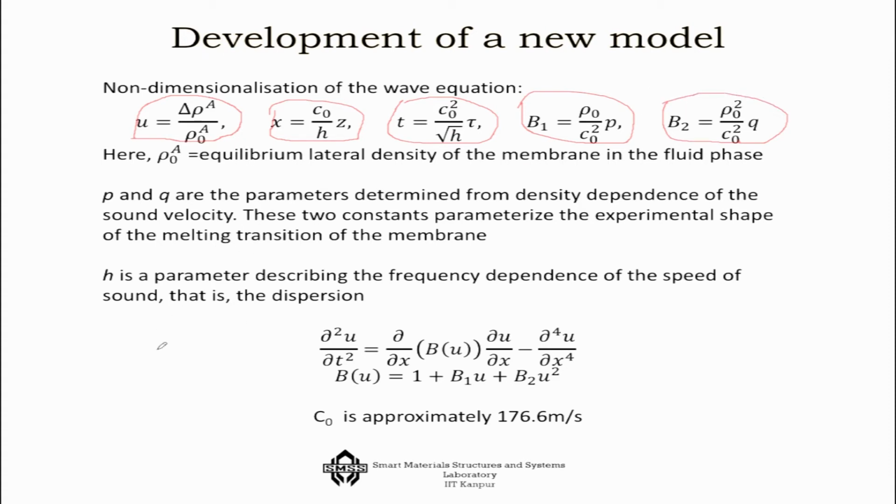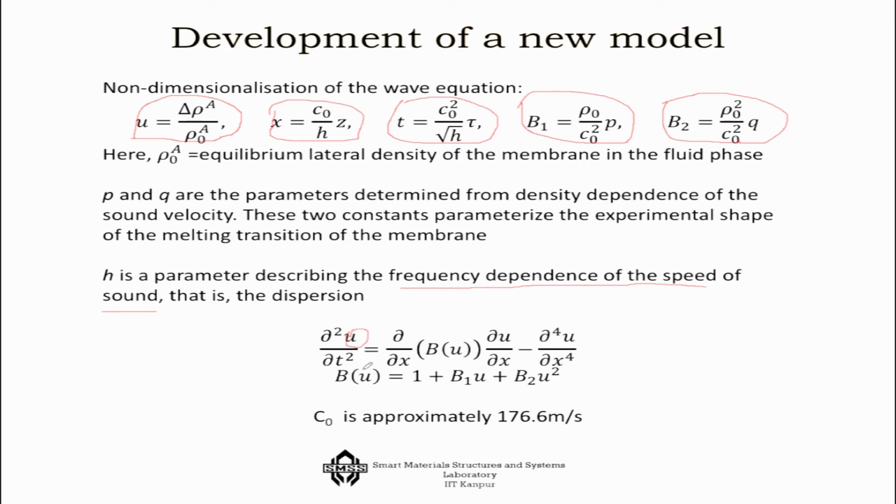Here h is a parameter which describes the frequency dependence of the speed of sound. If I do that, we are going to get that last equation in a much more neat and clean form, in which the non-dimensional variation of area density is now u.